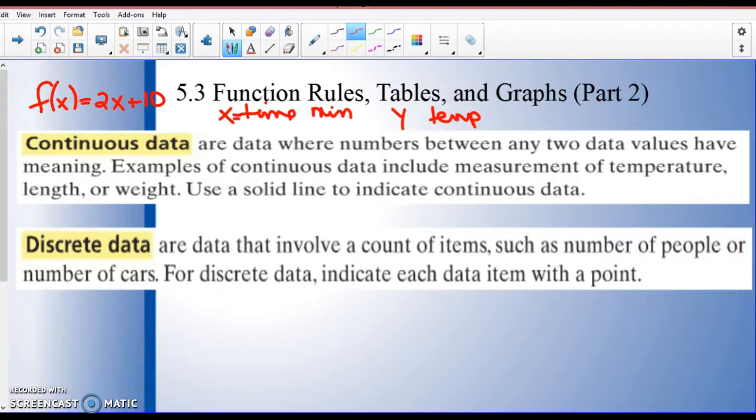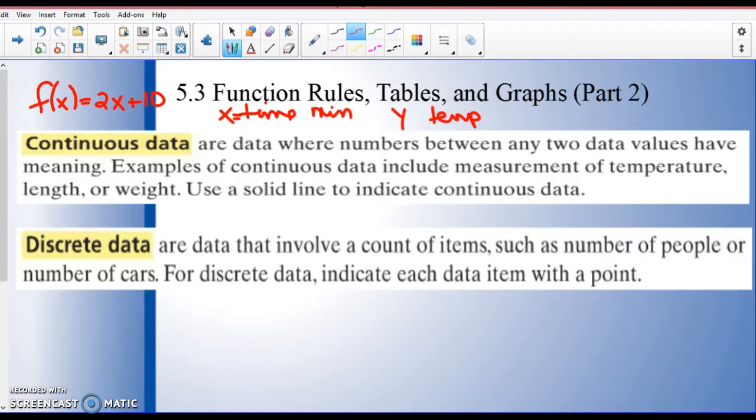It's not going to jump from 1 minute, which would be 12. If I put in 2 minutes, it would be 14. If this was a real-life application and I had a warming tray, would the temperature jump from 12 directly to 14? No, it would go 12, 12.1, 12.2, 12.3, 12.4, up to 14.